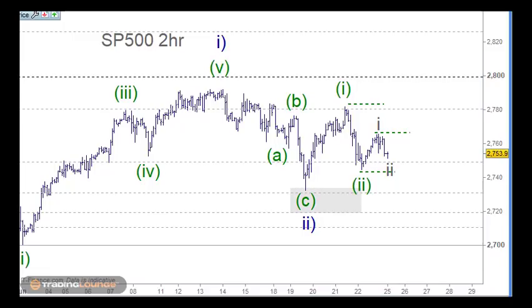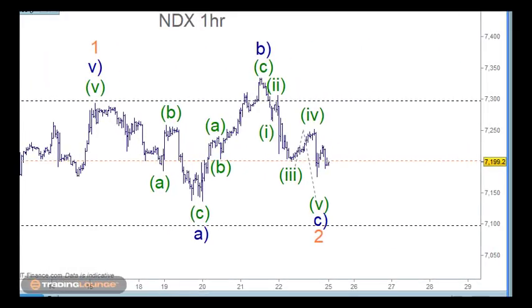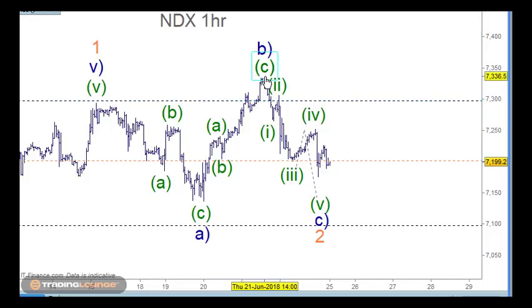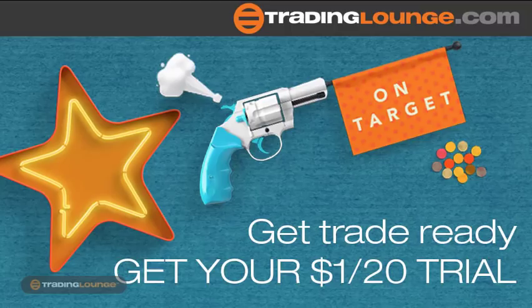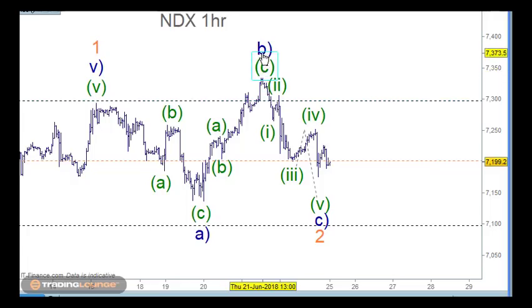So if I can just bring the 1 hour chart across, which is quite similar to the 2 hour chart, we can see here the move up has made a new high up here, but I can only count it in 3 waves, as an A and a B and a C, so a 5, 3, 5 structure, and that's the same for the physical market. And when we were looking at this last time, we knew that we had wave 1 here and wave 2 and wave 3, so we're looking for wave 4 to pull back. So it's done that, and then it's dropped down nicely, so I can just remove that here now.